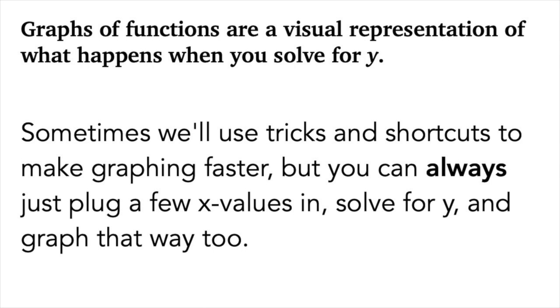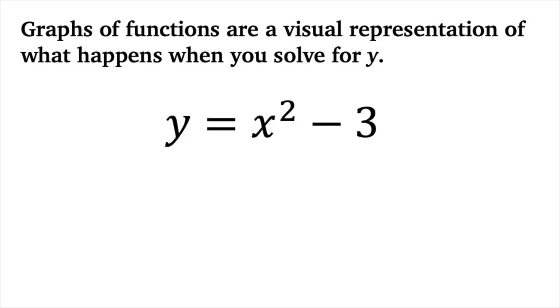Let's say we're trying to graph the quadratic equation x squared minus 3. Without even knowing what the characteristics of quadratic graphs are or what a parabola is, I can tell you a point that I can guarantee is going to be on that graph. Let's try plugging a 2 in.